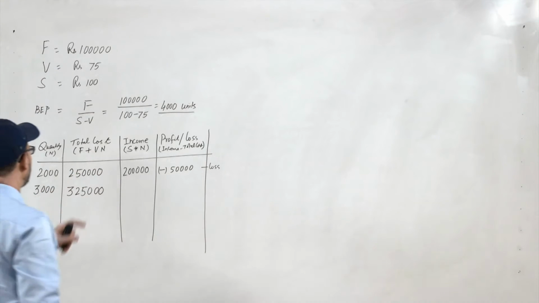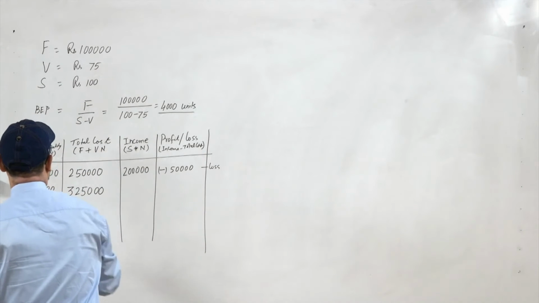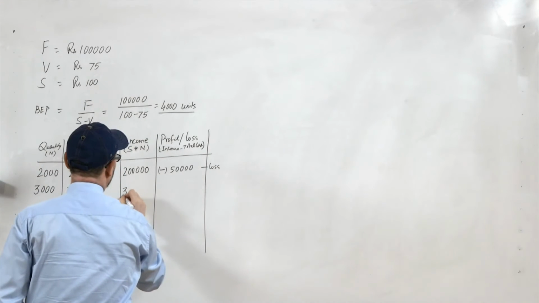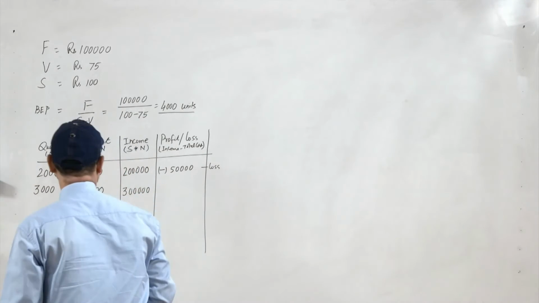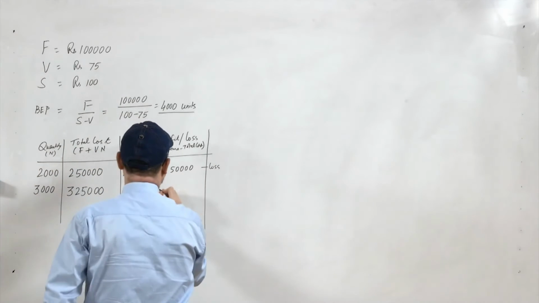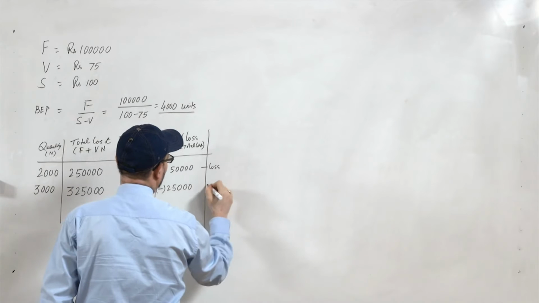The income will be S into N, 100 multiplied by 3000, that is 3 lakh. So, it will be again negative 25,000. So, there is a loss of 25,000.